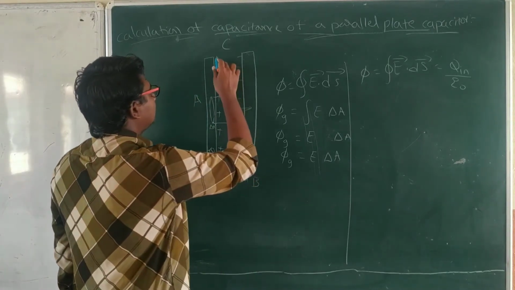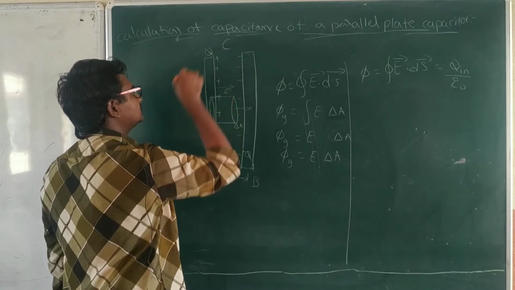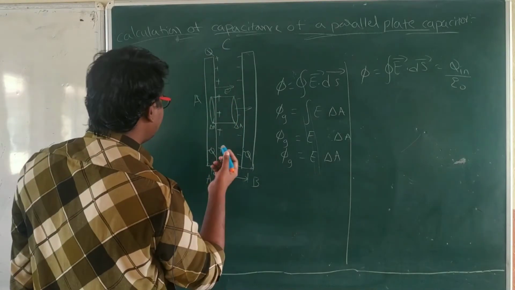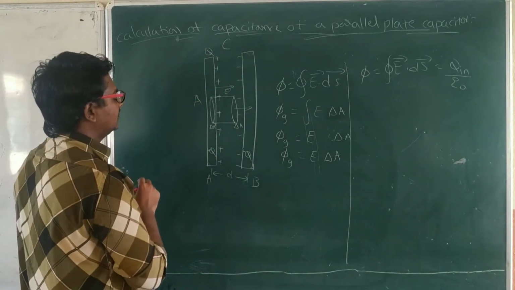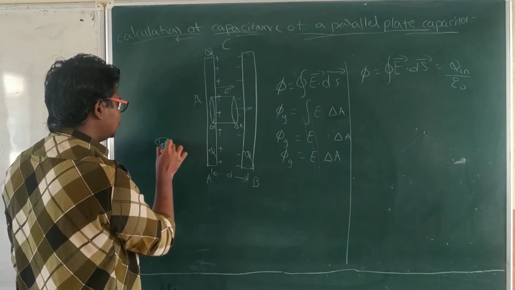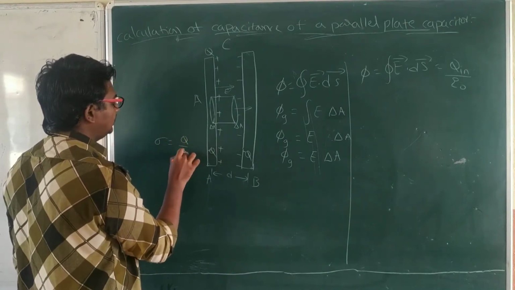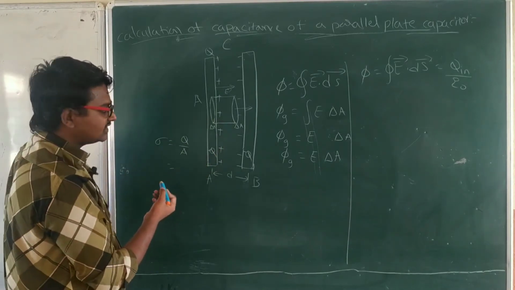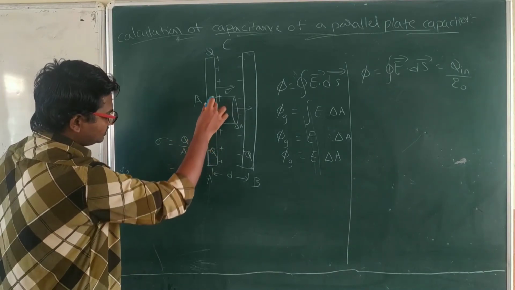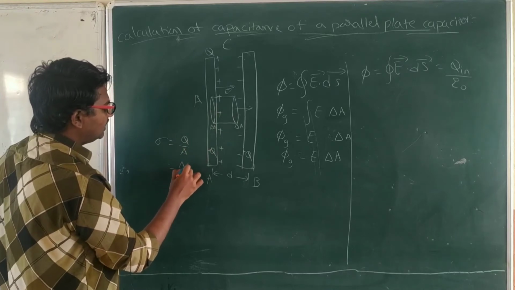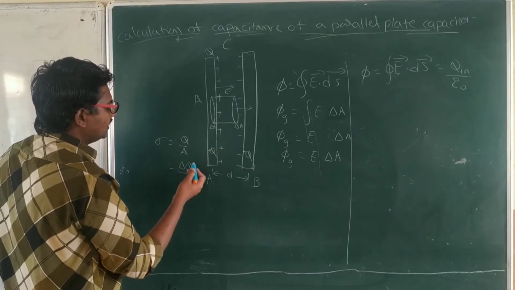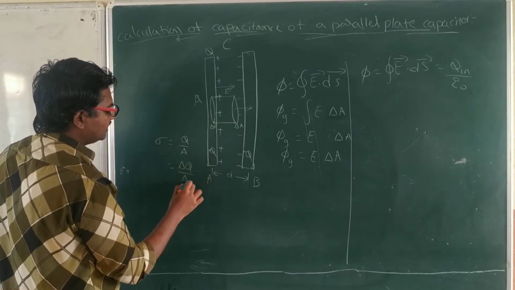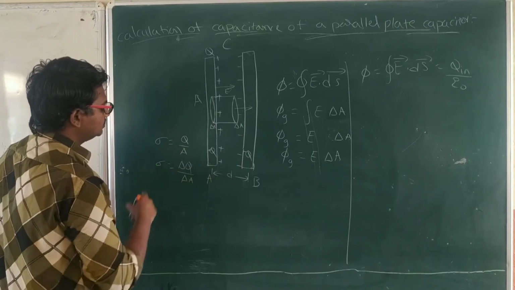Right. The total charge is Q and the total area is A. That's why surface charge density sigma is equal to Q by A. But here, according to the Gaussian surface, the charge we are considering is delta Q, let's suppose, and the area is delta A. That is also equal to sigma.